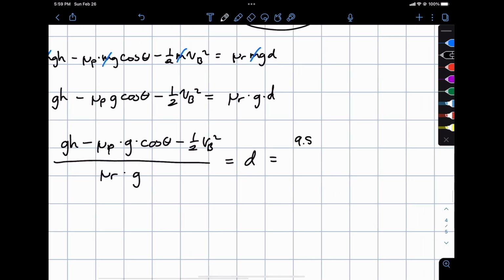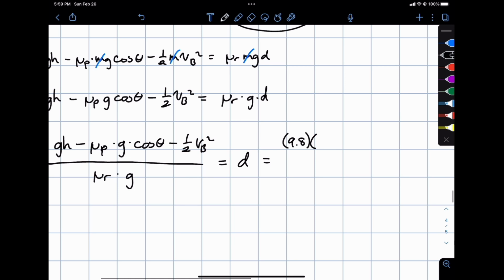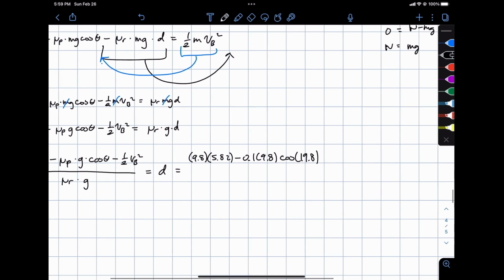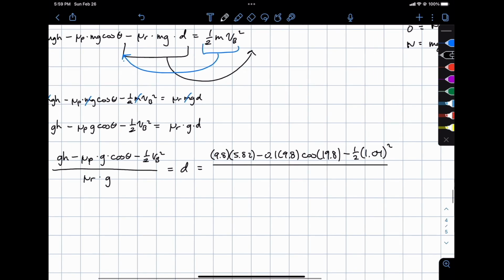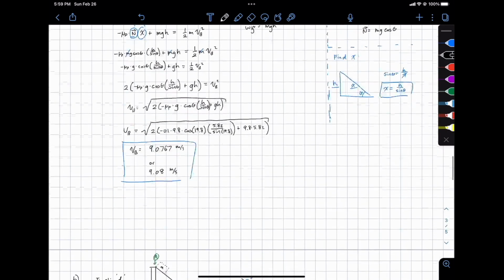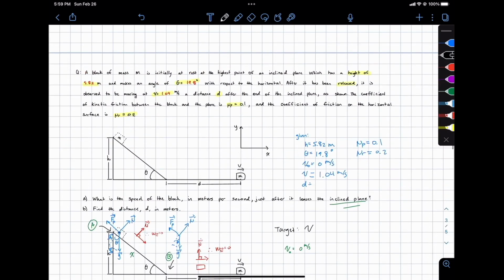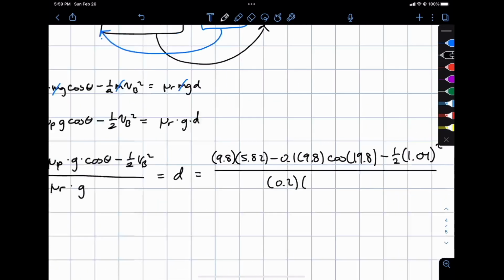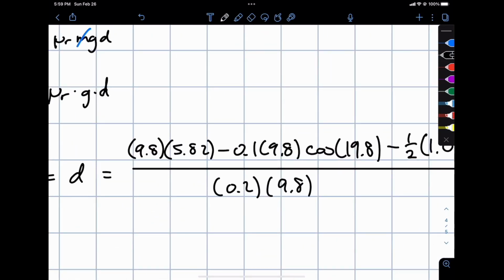So g is 9.8, h is 5.82, minus the mu of the plane, which is 0.1, times 9.8 gravity, cosine theta 19.8, minus 1/2 times v, which is 1.04 meters per second, squared, all over, what is the mu of the surface? 0.2 times gravity 9.8.